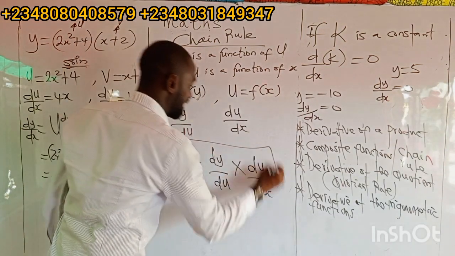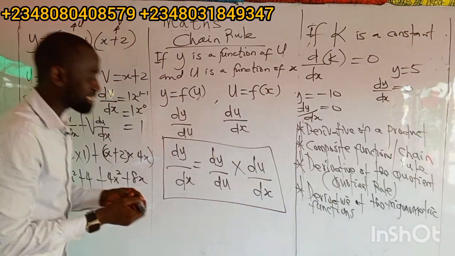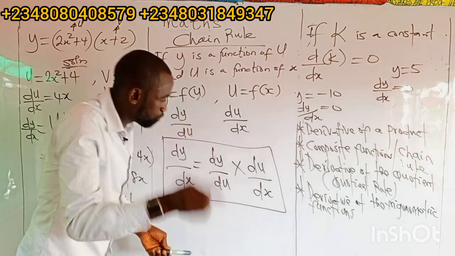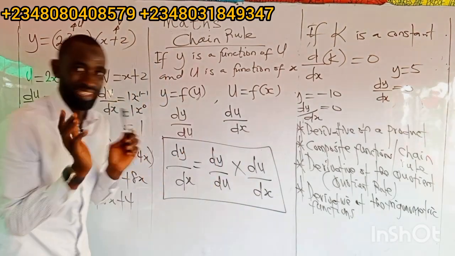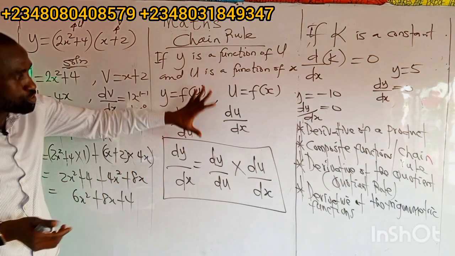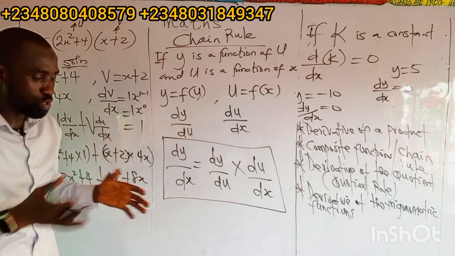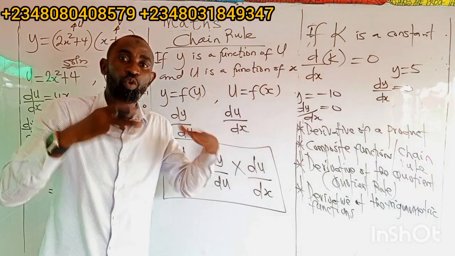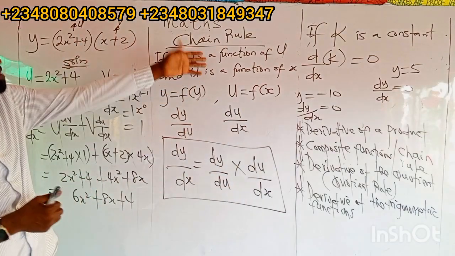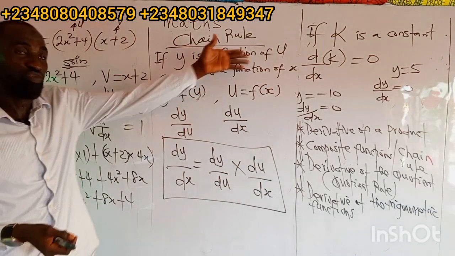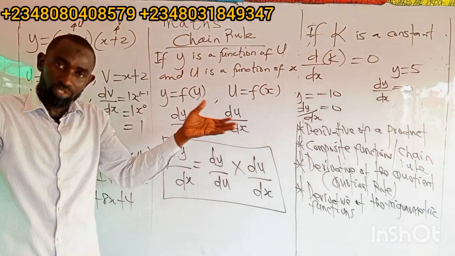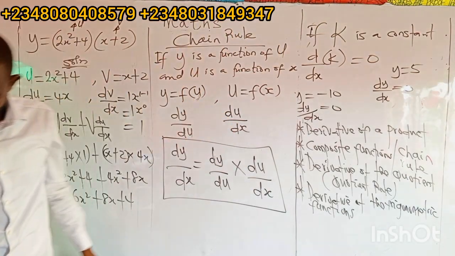If you look closely, the u cancels the u, and we are left with dy/dx. So for function of functions, we just multiply two or multiple derivatives based on what we are given. If we are given three functions, we find the derivative of each of the three and multiply them together.